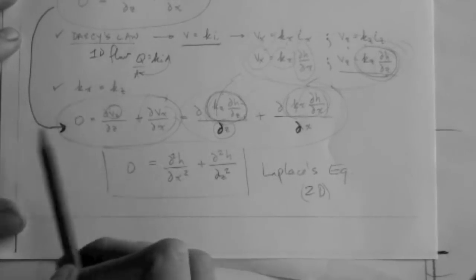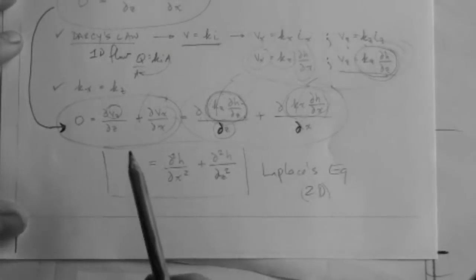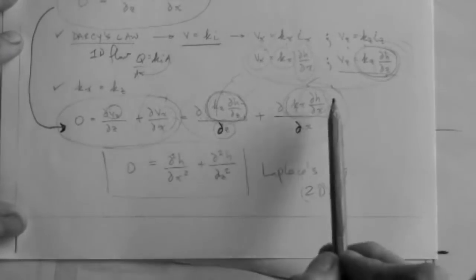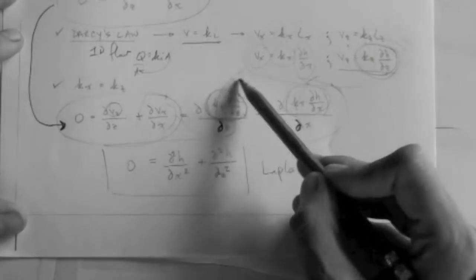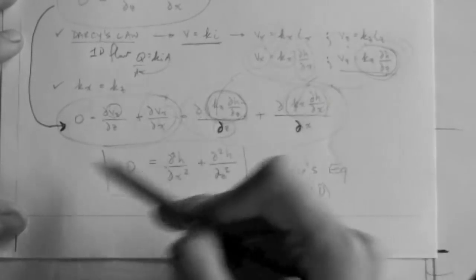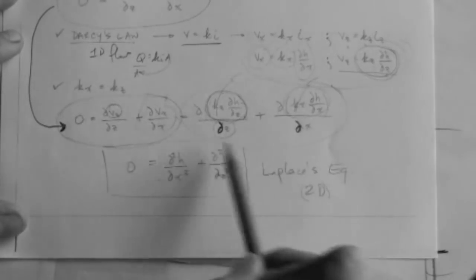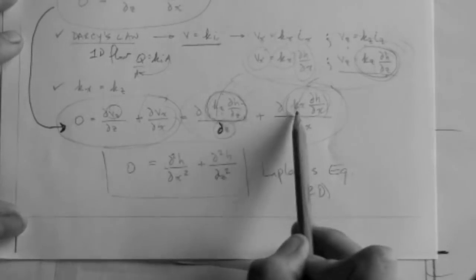In that case, we can write this equation like this. Why? Because the K's, if they are the same, we can remove them. We can divide the whole equation, 0 is equal to that, by the K, which in this case would be the same, Kz equal to Kx equal to K, right?